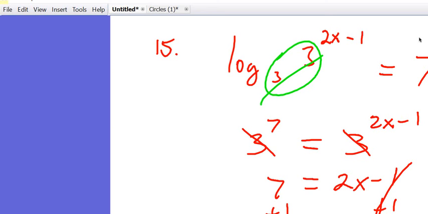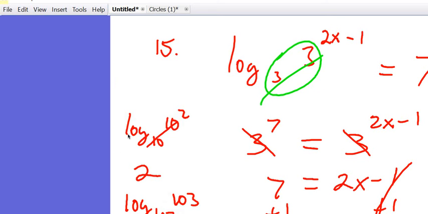If I had log base 10 of 10 to the 2, what would that simplify to? 2. If I had log base 10 of 10 to the x minus 1, what would it simplify to? X minus 1. We're going to see this property used more frequently as we go. Does everybody have this? All right.